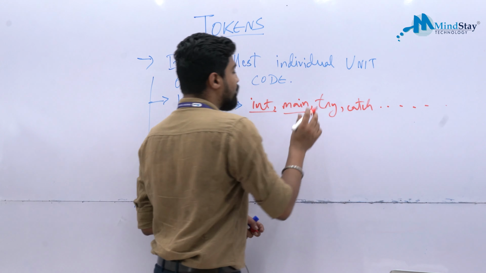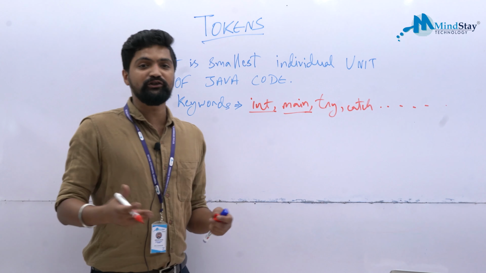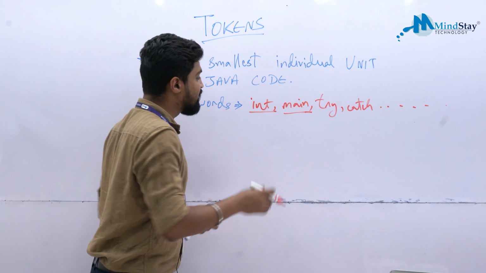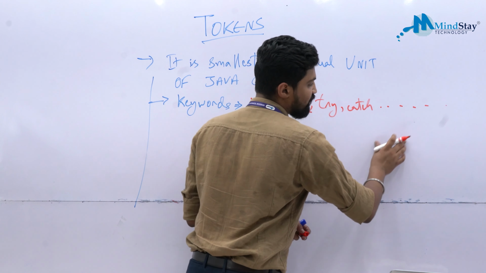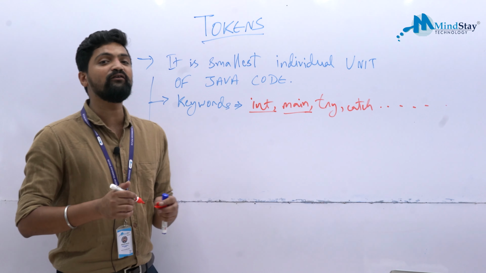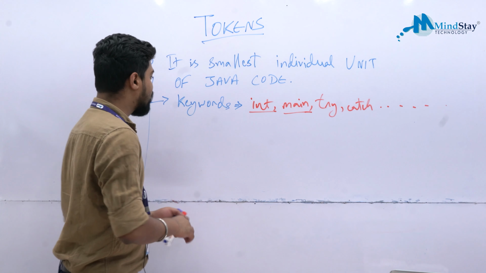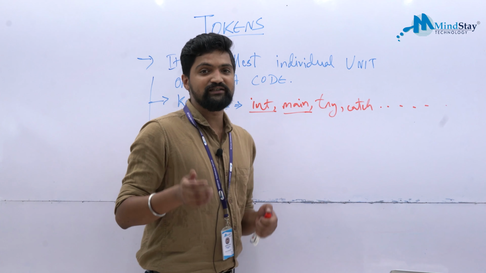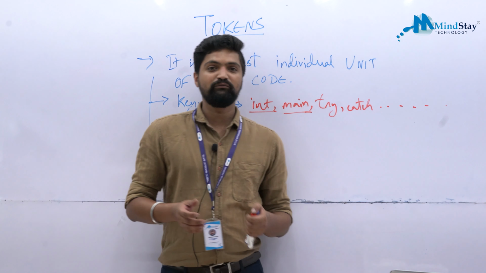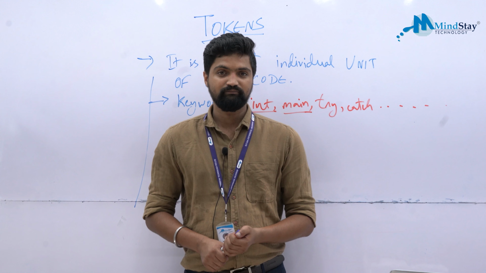We have main is nothing but the main function of Java. So it has to be defined, and hence you cannot use this word as well. We have try, we have catch, and we have many others. So this is what a keyword is. That is why we call it a key word, because it has the key features, it has a key meaning that Java provides it with.